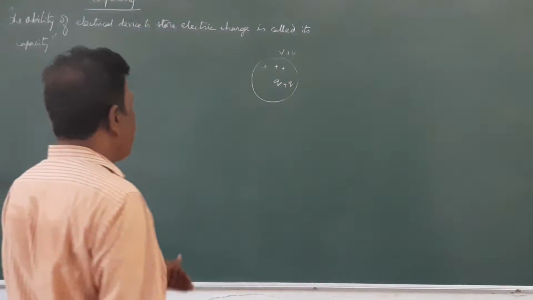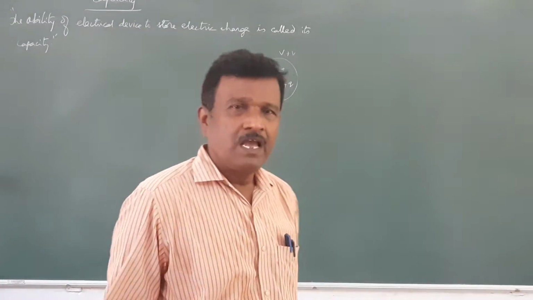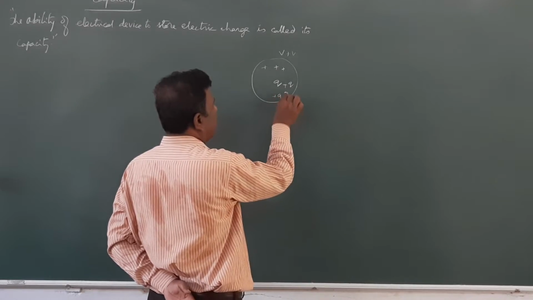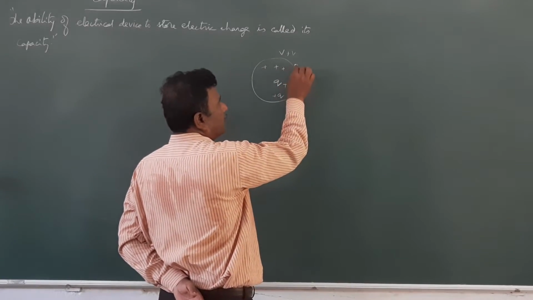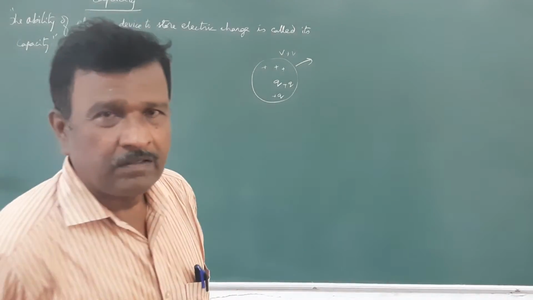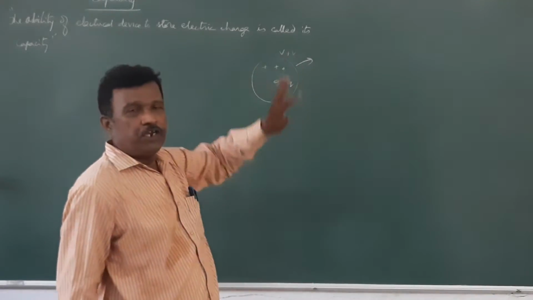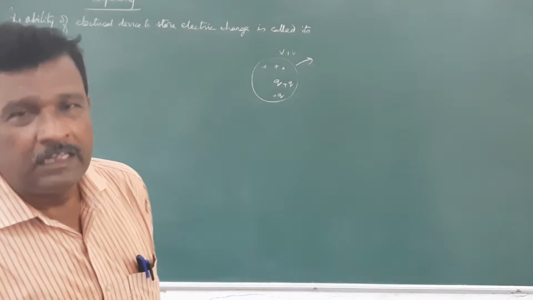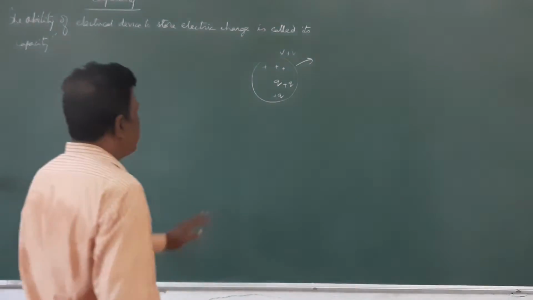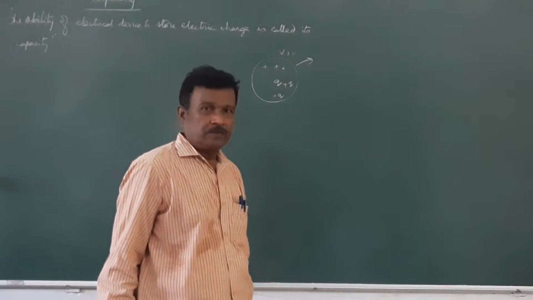So as we go on increasing the charge, the potential also gradually increases, and at a particular stage, if we add any more charge, then that will move away from the conductor in the form of sparks, because it could not store more than that electric charge. So that ability is called electric capacity.